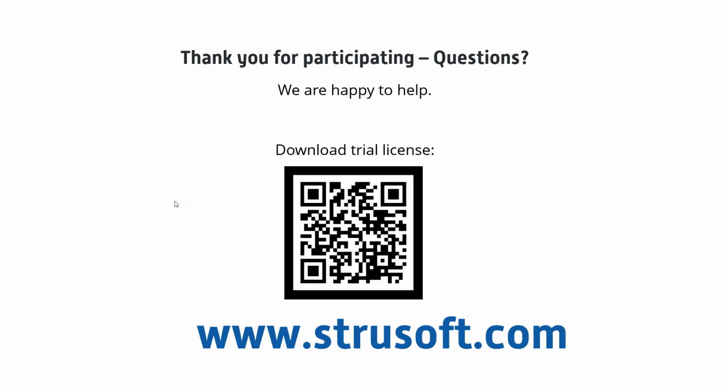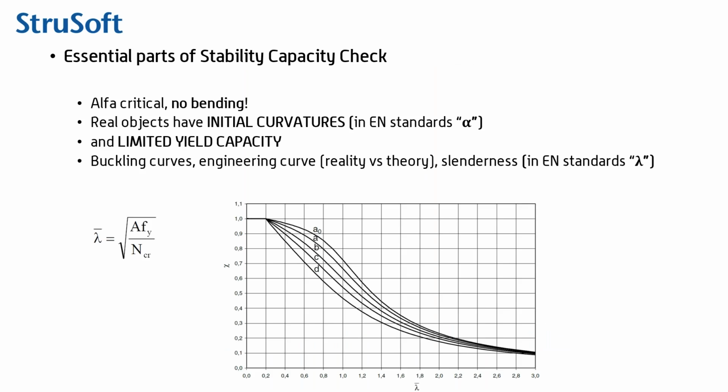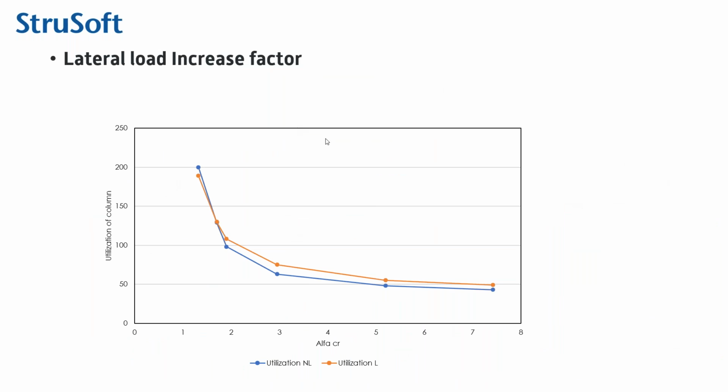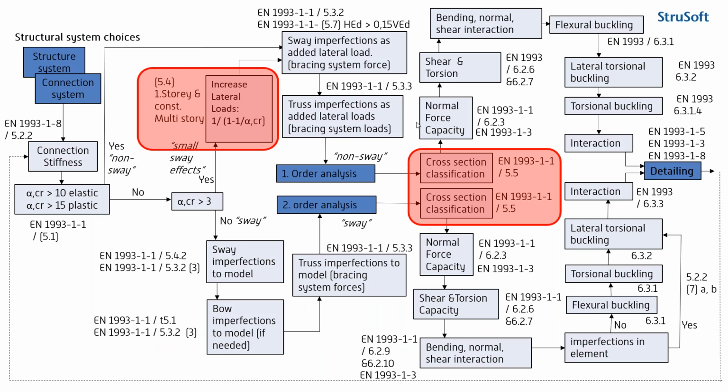Can you show the alpha critical requirements, bigger than 10 and bigger than 15? Of course, we can go back to this one. It's listed here. No, it was a bit before maybe.